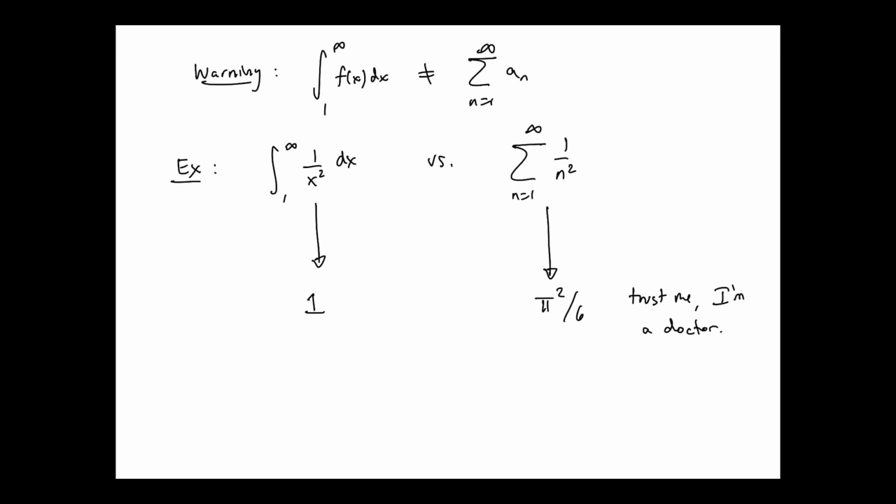So my point is that just because they both converge does not mean that they converge to the same number. And in fact, that almost basically never happens. They just both converge. And like I said, it's a little bit unfair for me to pull a pi squared over 6 out of thin air, but you'll forgive me, right? No? Okay. All right, so good.